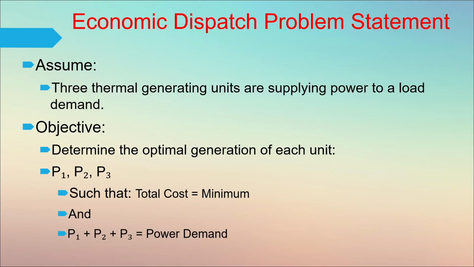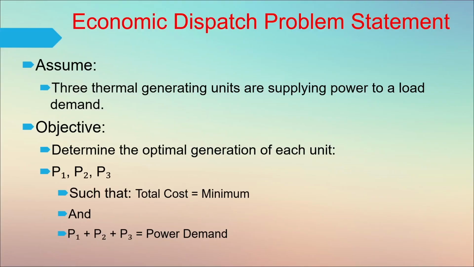Based on the definition given for the economic dispatch problem, let us assume there are three thermal generating units supplying power to a load demand. The three power generating units are designated as P1, P2, P3.